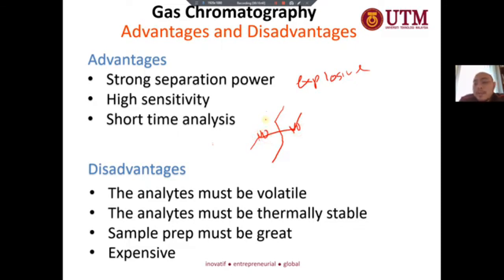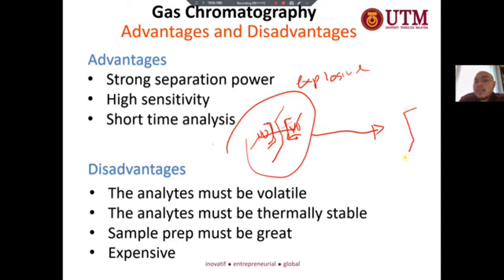The problem is when we analyze it here. We inject the compound, we inject the standard, but the detector is not detecting this one. What happened is this branch of the compound is broken, so only this part is left.